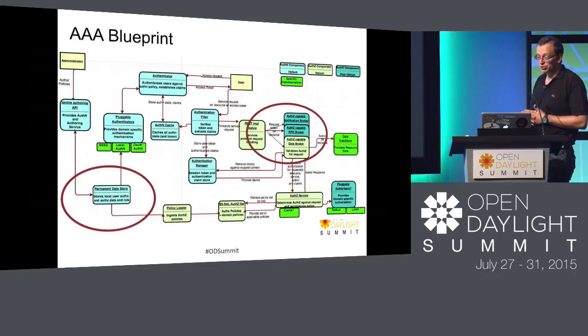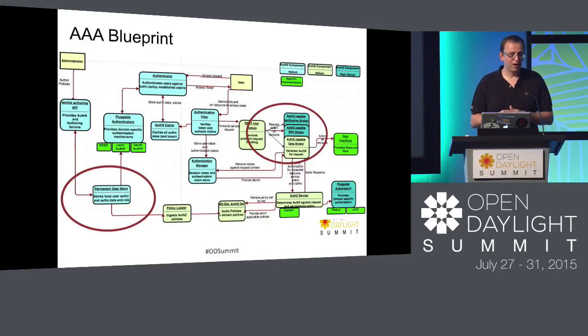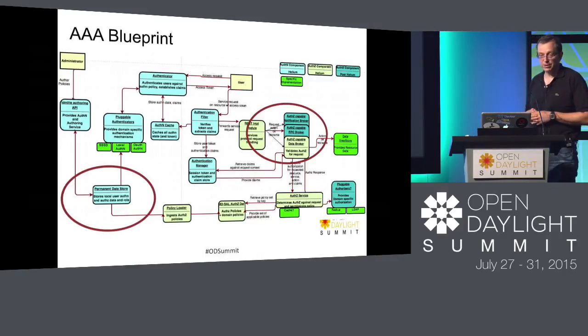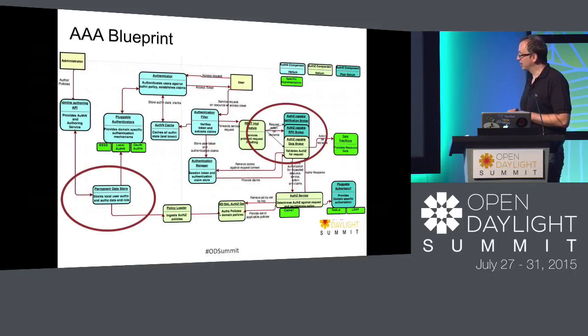So the idea was that we migrate to MDSAL and use the MDSAL cluster infrastructure and store AAA data in there, basically riding free on the inbuilt functionality of the MDSAL cluster store.